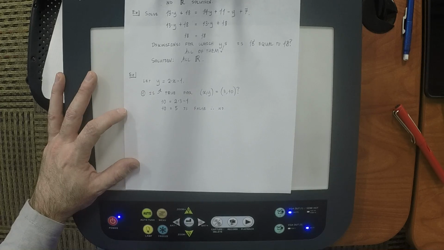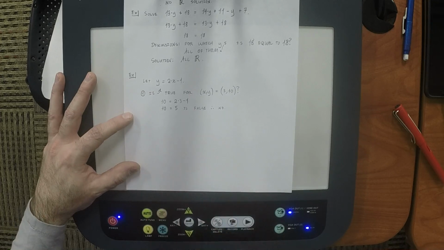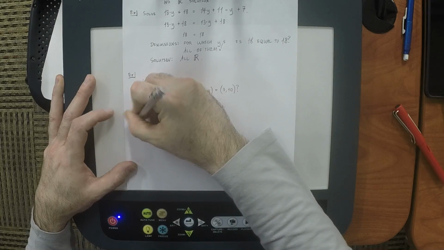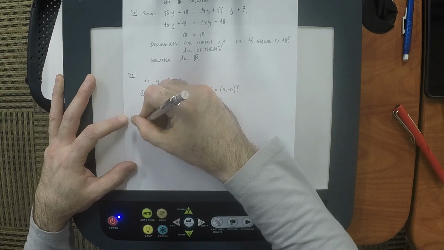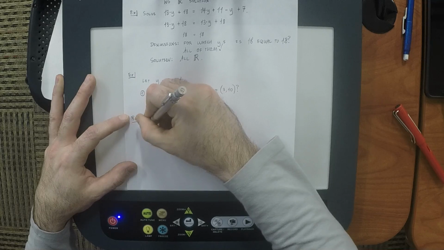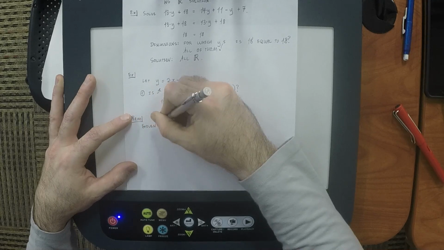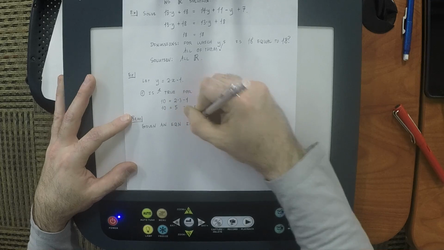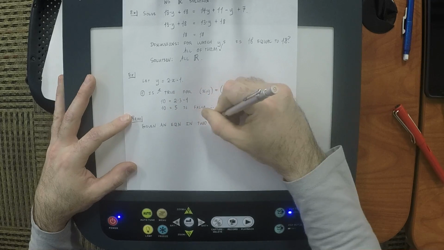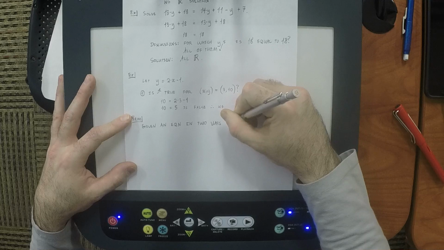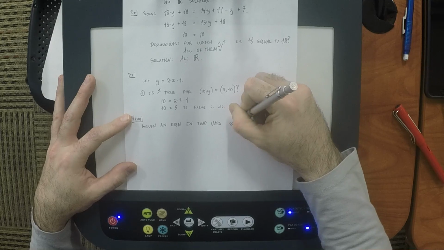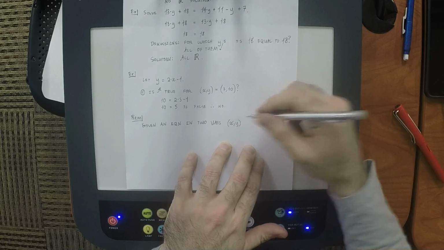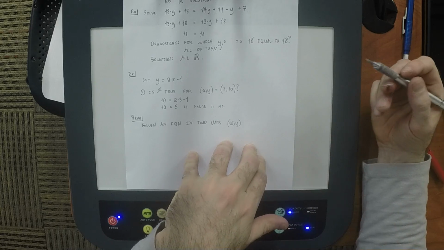Okay. Well, last remark before we get to the quiz. Given an equation in two variables, x and y, and do understand that there's nothing sacred about x and y.